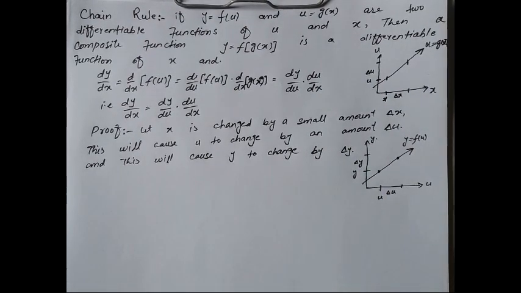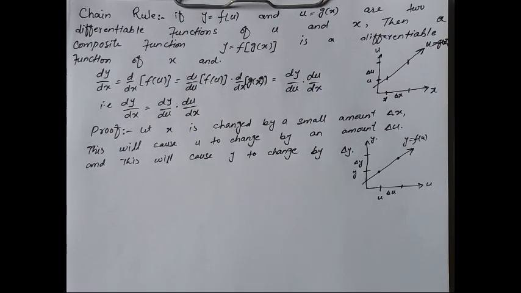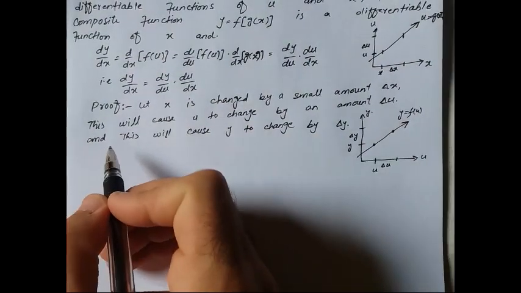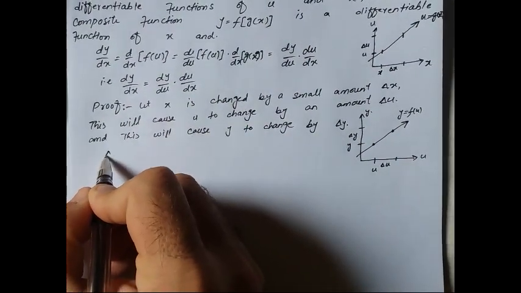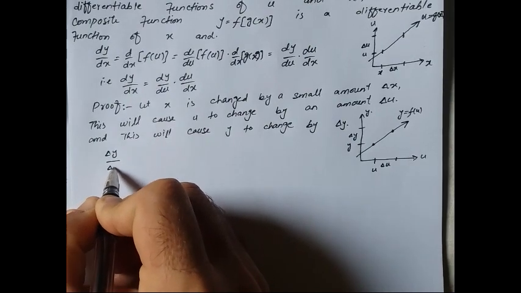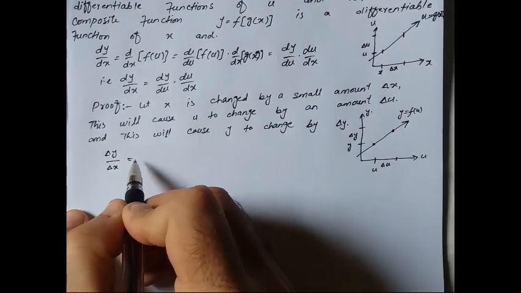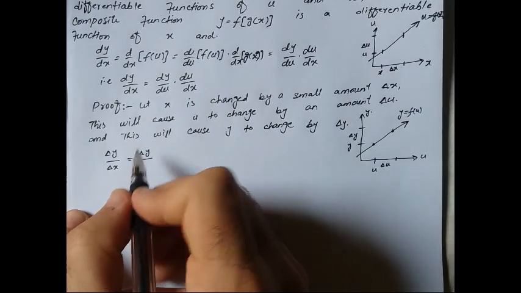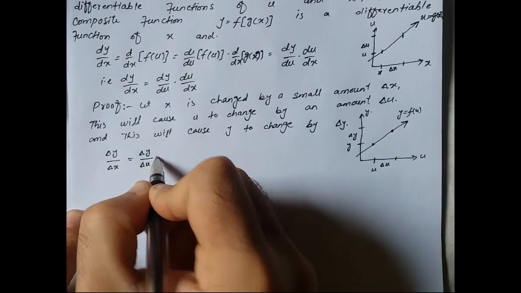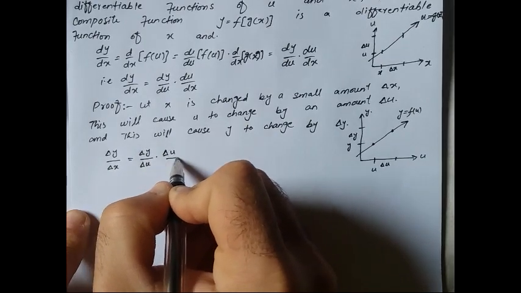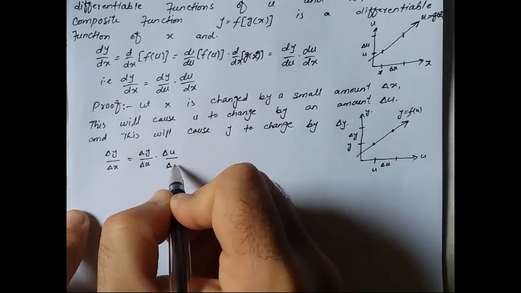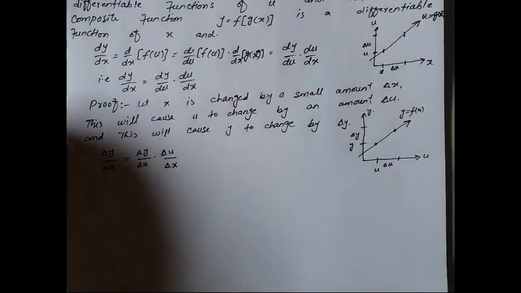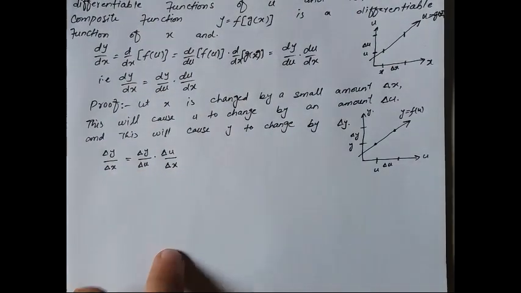Now according to this we can write delta y over delta x, which means change in y with respect to x. Delta y over delta x is equal to delta y over delta u multiplied by delta u over delta x.